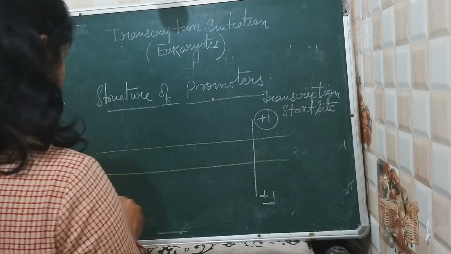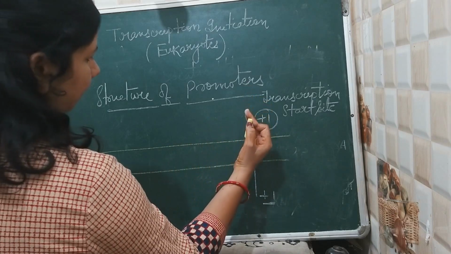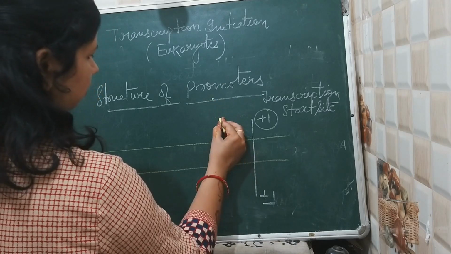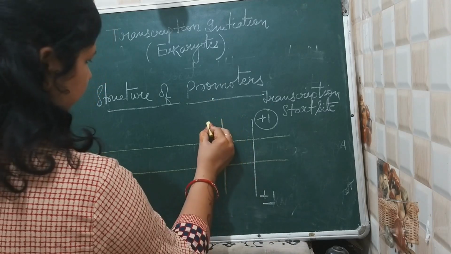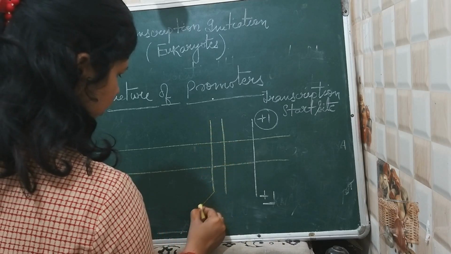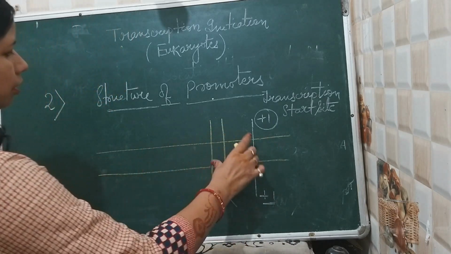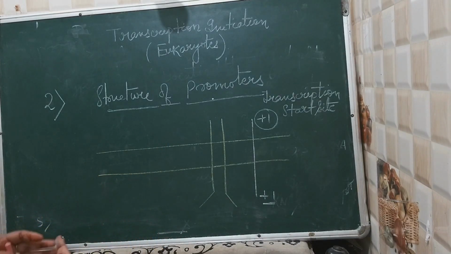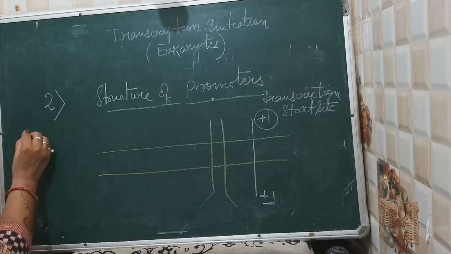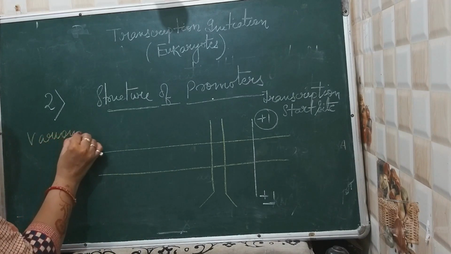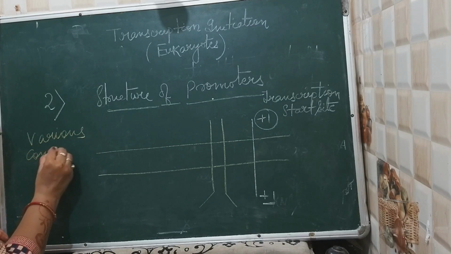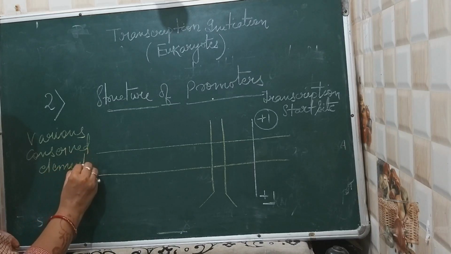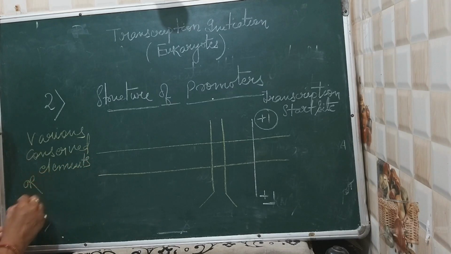Okay. So just upstream, the closest conserved element, or better say module, because the RNA polymerase 2 promoter in eukaryotes consists of various conserved elements or modules.